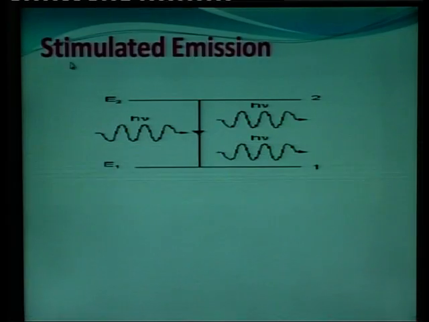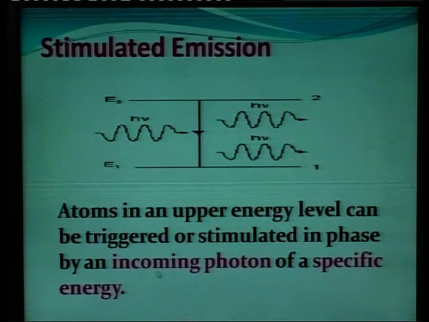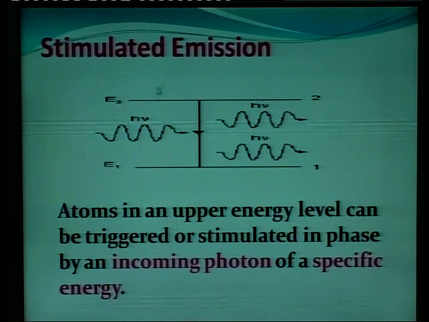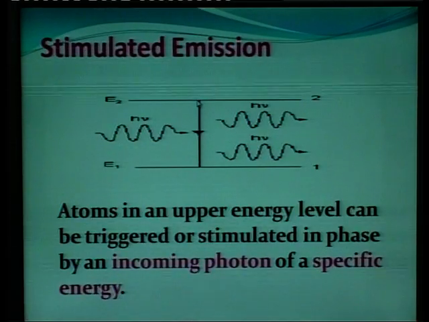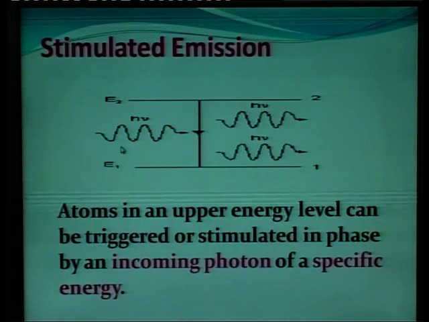Now next, what is stimulated emission? Because in laser we are concerned with stimulated emission. So in stimulated emission, what happens? Atom in an upper energy level can be triggered or stimulated in phase by an incoming photon of a specific energy. So here in stimulated emission, the atom which is in the higher excited level is stimulated or triggered to come down by an external photon, and then the emitted photon is also of same energy and it is in phase with the incident photon.